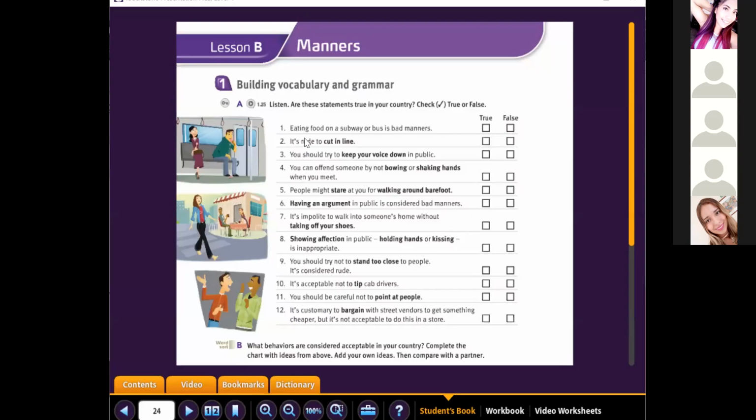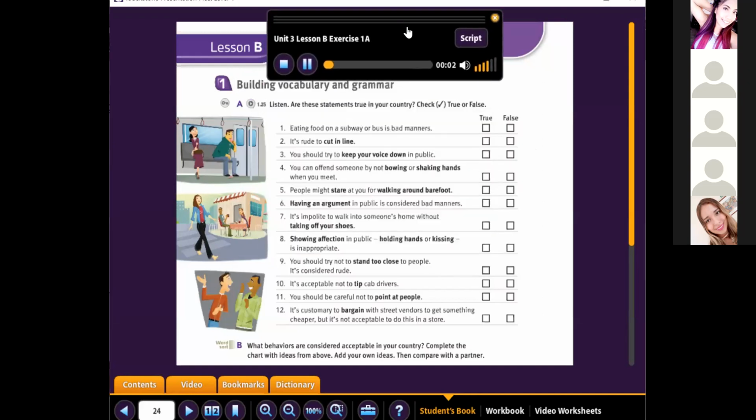We will see if all these statements are true or false. So now I'm going to play the listening, okay? Page 24, Lesson B, Manners. 1. Building vocabulary and grammar.